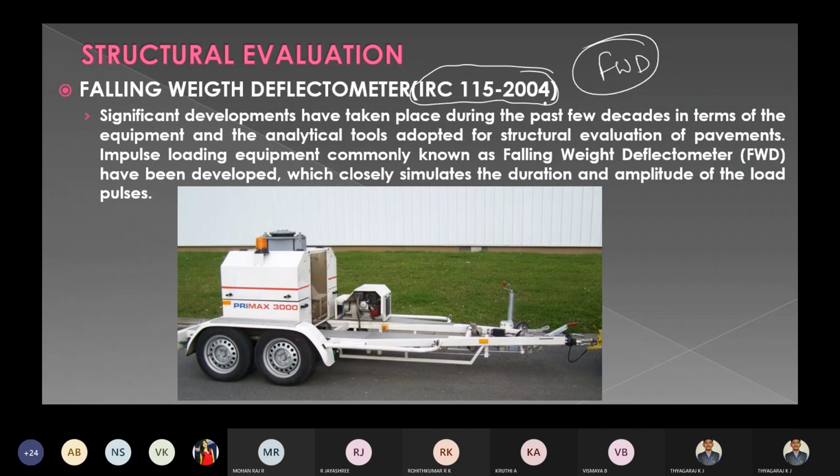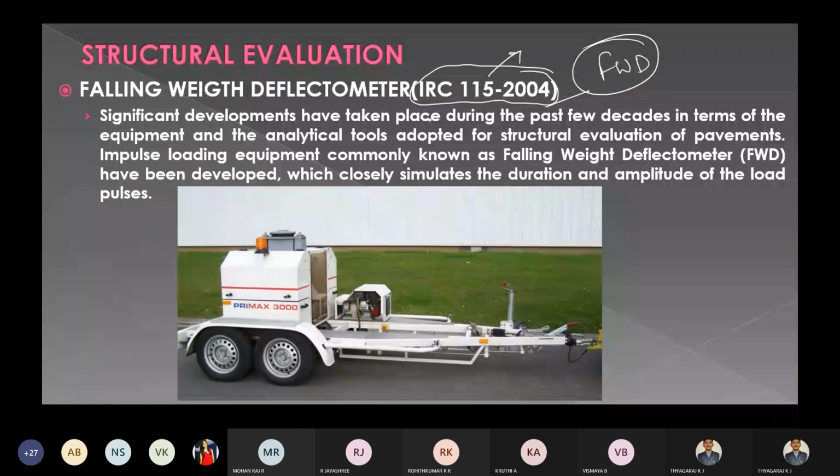You can Google it, you will get the IRC code book and you can go through that. If you have any doubts about the FWD, the specifications, and how we are going to conduct it, everything is provided in the code book IRC 115:2004. Now we will see how we will be evaluating the structural capacity or structural condition of the flexible pavement using a falling weight deflectometer.